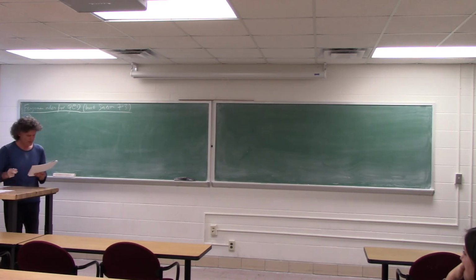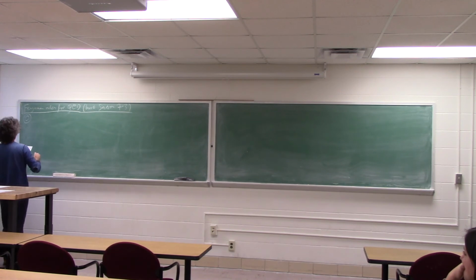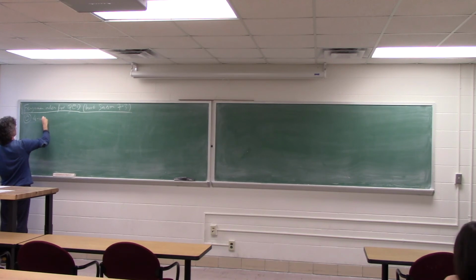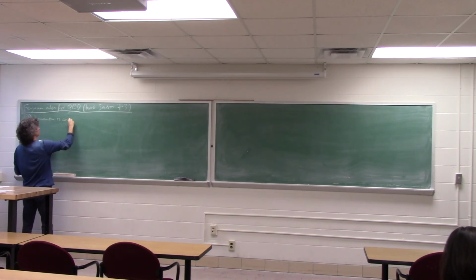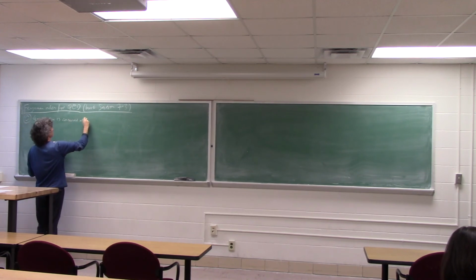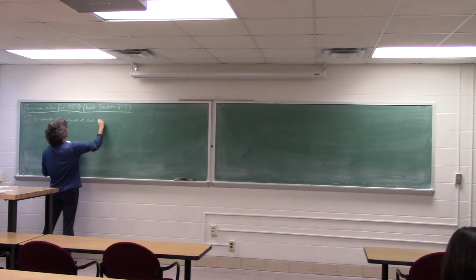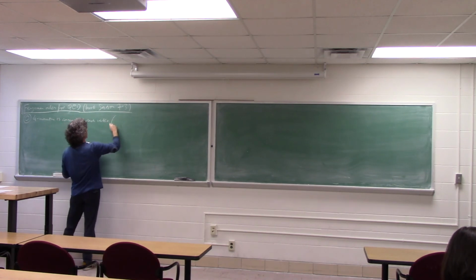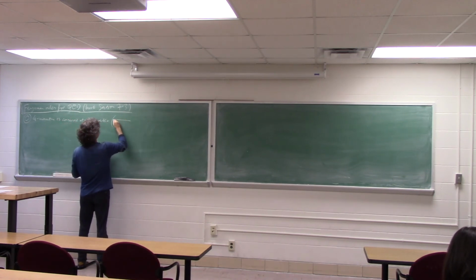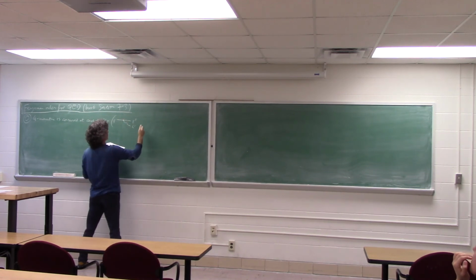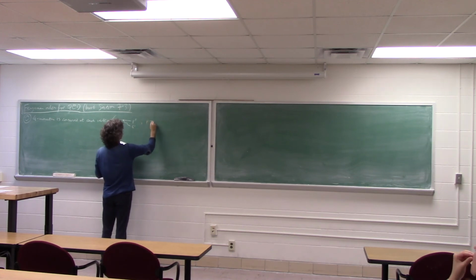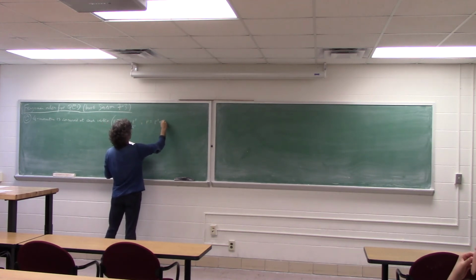What we might think of as the 0th rule is that momentum is conserved at each vertex. So what do I mean? If I have P and I have P prime and K prime at a vertex, then P is equal to P prime plus K prime.